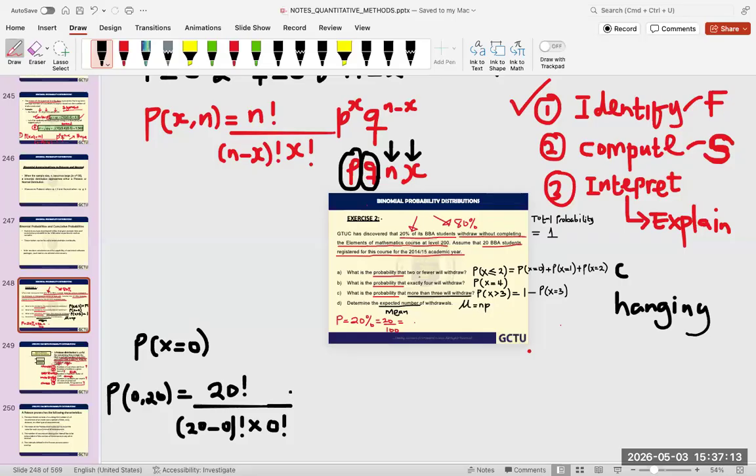P from the question was 0.2, raised to the power x, x is 0, multiplied by Q, which is 0.8, to the power 20 minus 0.